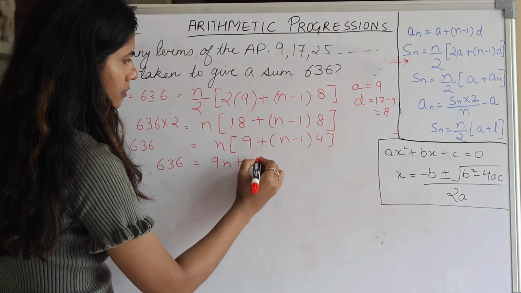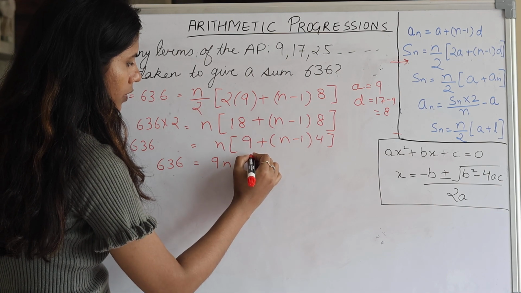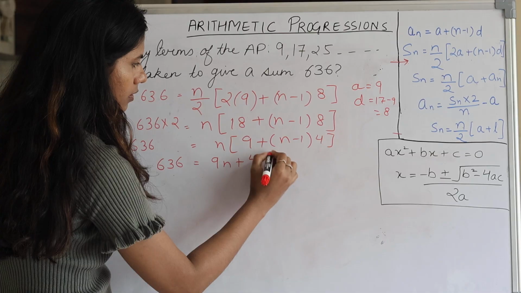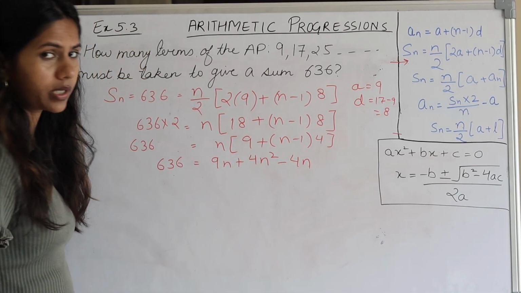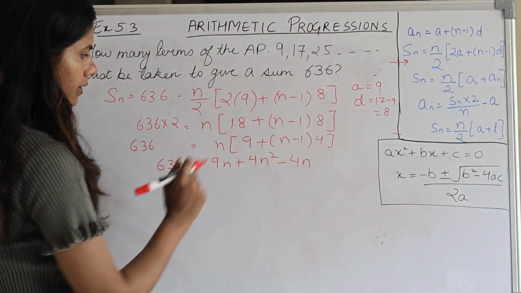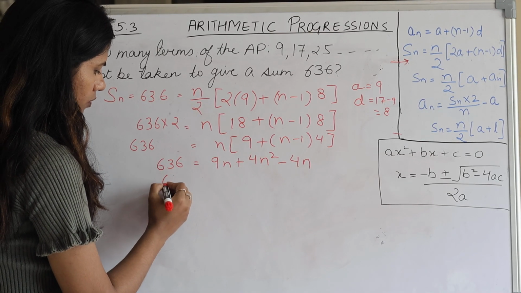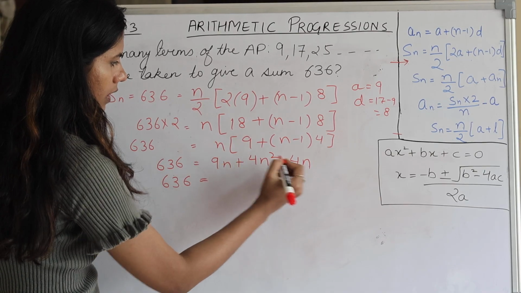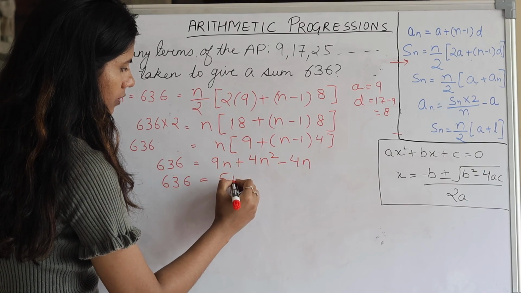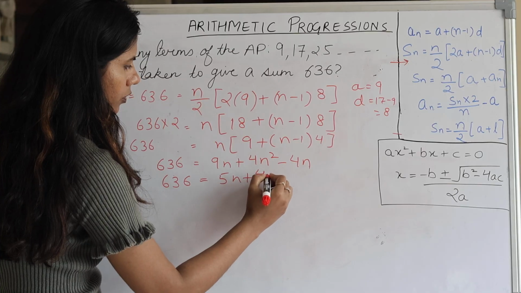9n plus 4n square minus 4n. Once you open the bracket, you will get this. Now 9 minus 4, 5n plus 4n square.